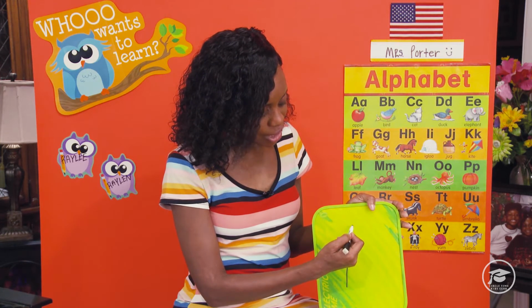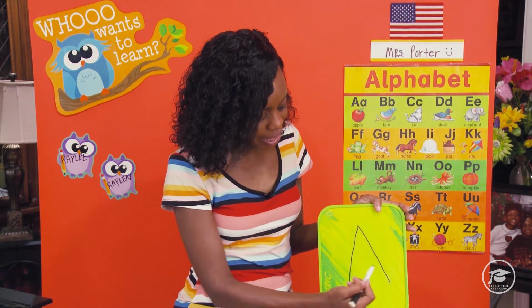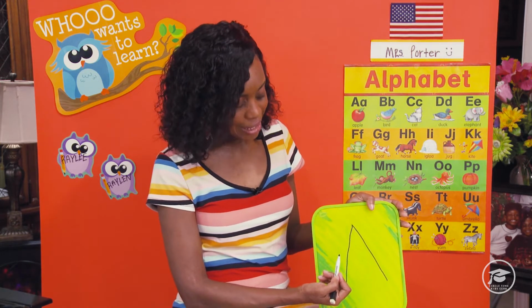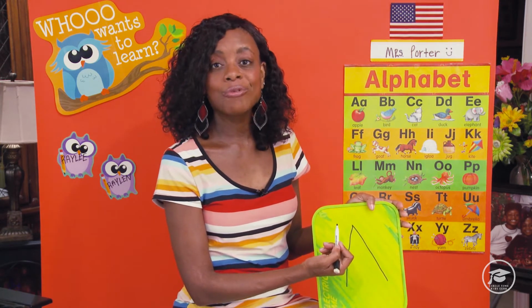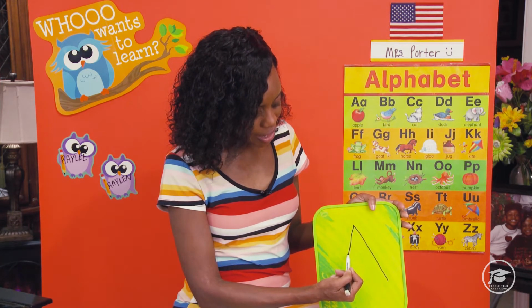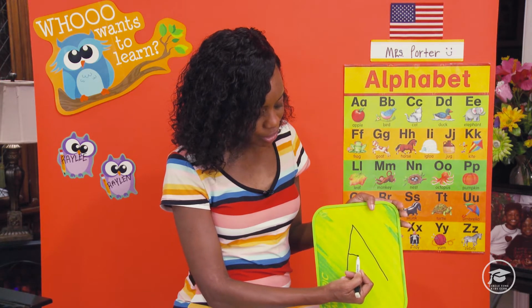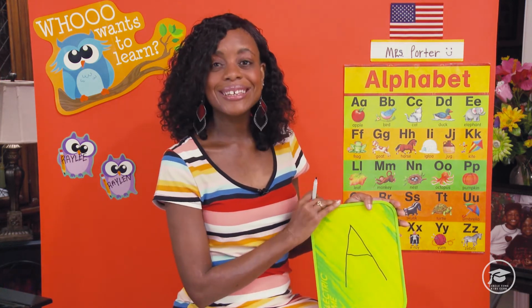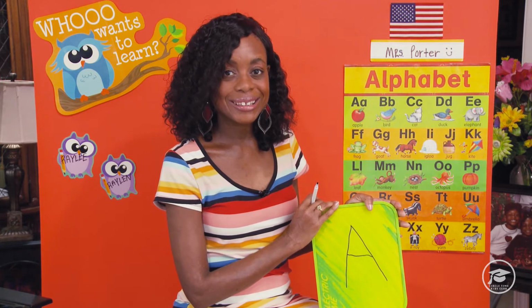And then we're going to draw another line. It's kind of like a tepee, or you could say it's kind of like an upside down V. And now we're going to draw a line, which we're going to call a bridge, across. And that is the letter A.